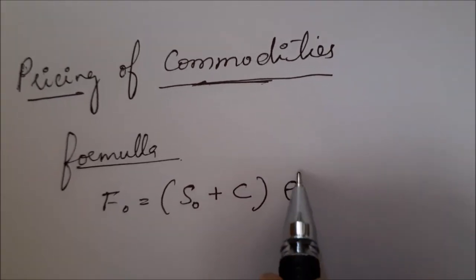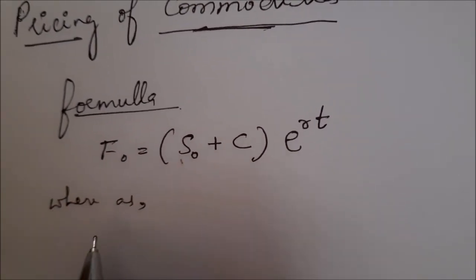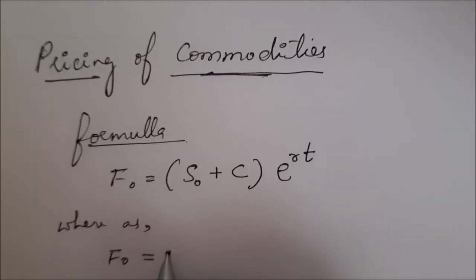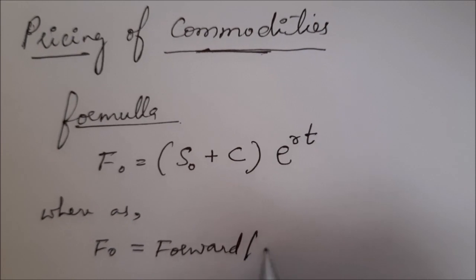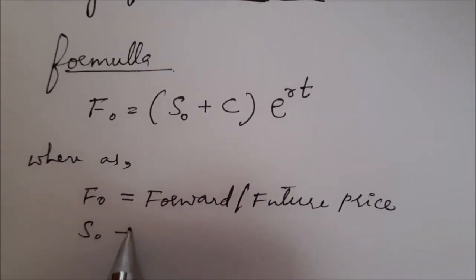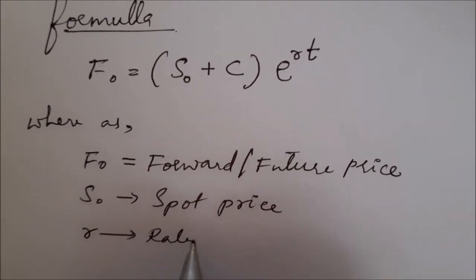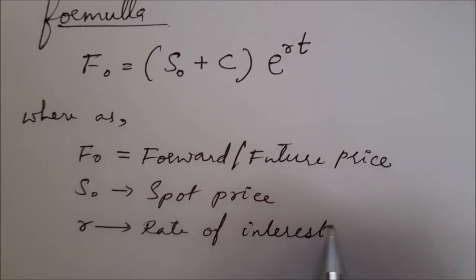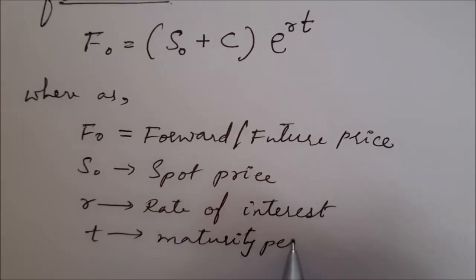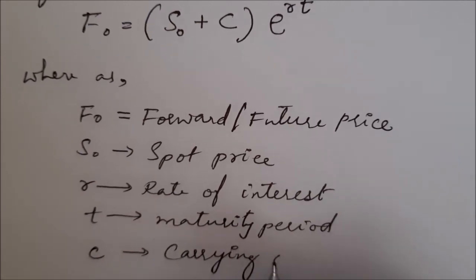Here C is nothing but cost of carrying, whereas F naught is the future or forward price, S naught is the spot price, R is the rate of interest, T is the maturity period, and C is the cost of carrying, here capital C.